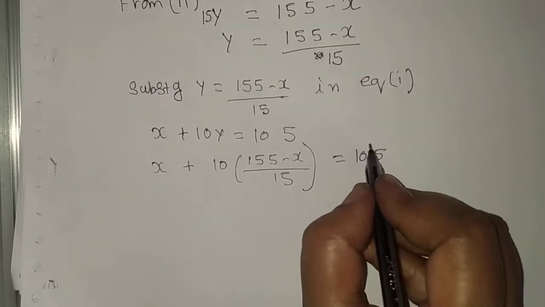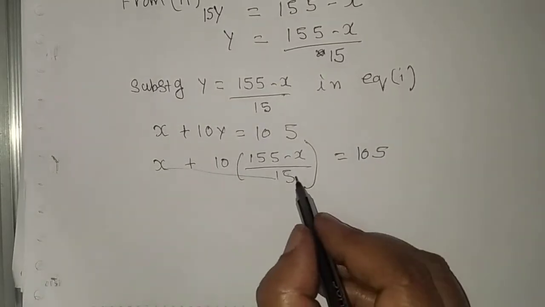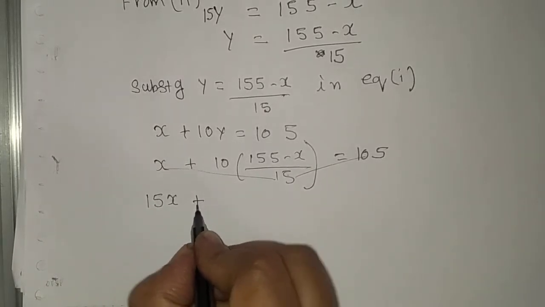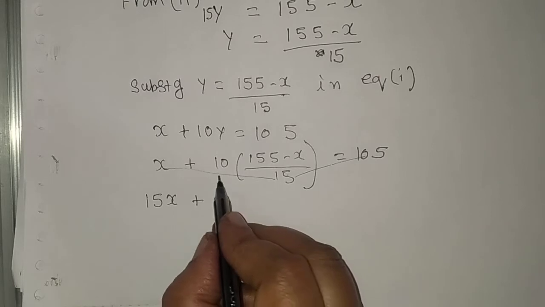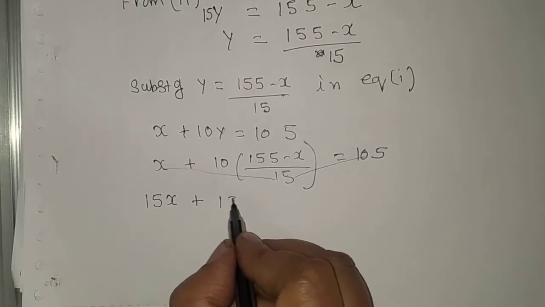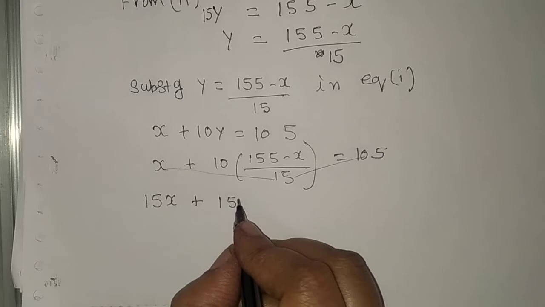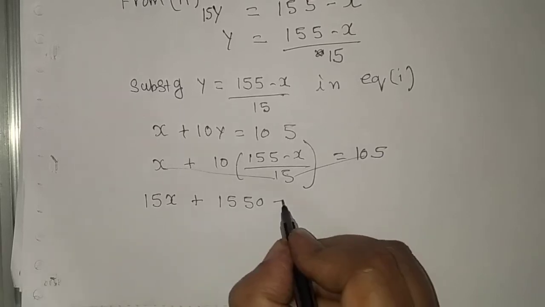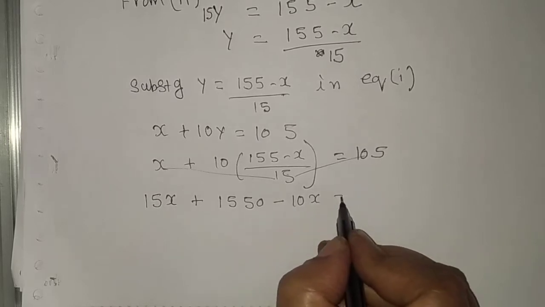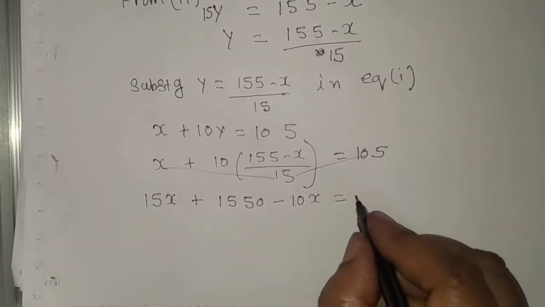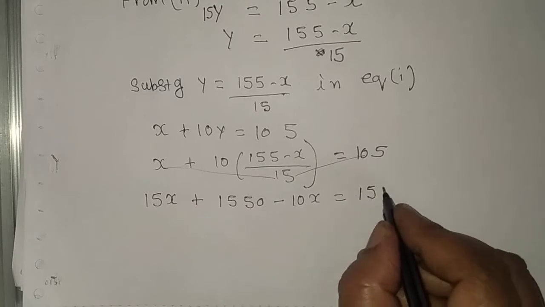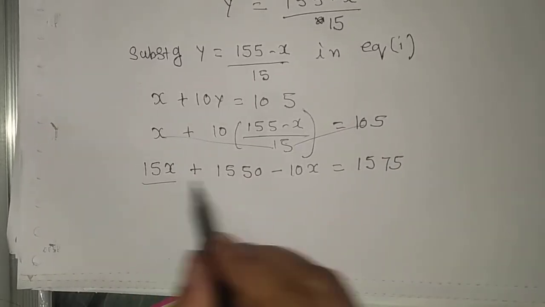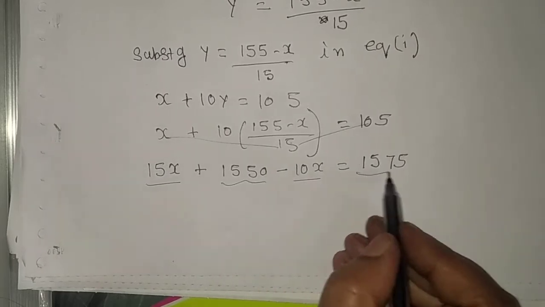Now solve this by cross multiplying. 15x plus 10 into 155, which is 1550, minus 10 into x, 10x, is equal to 15 into 105, which is 1575.